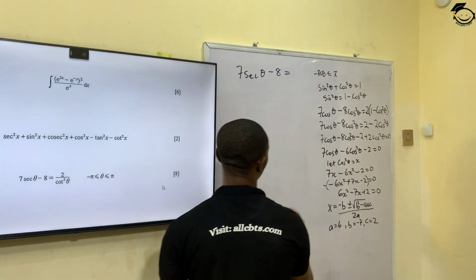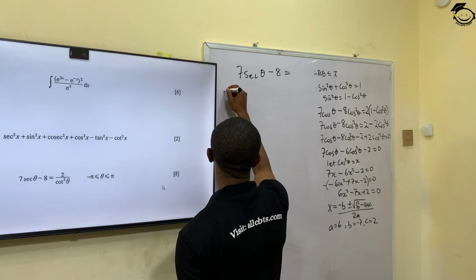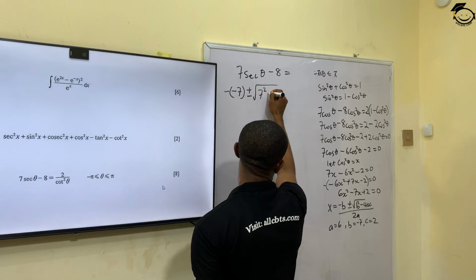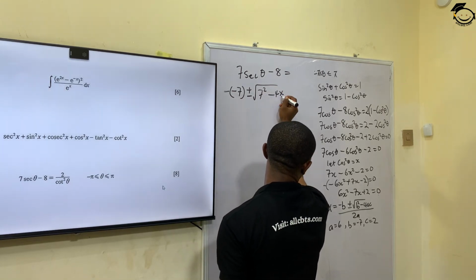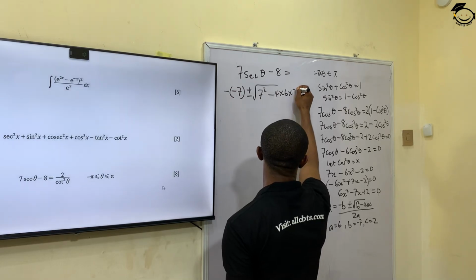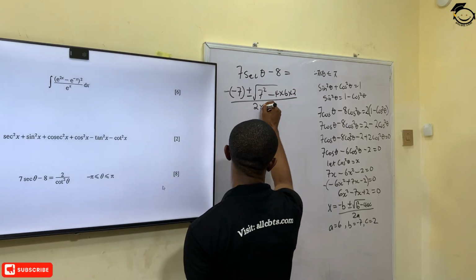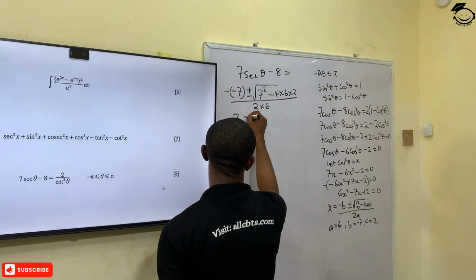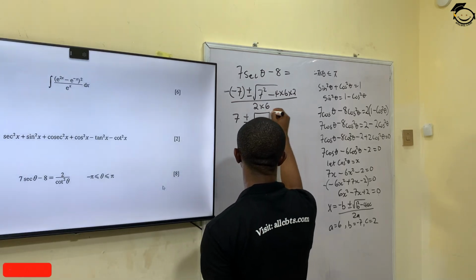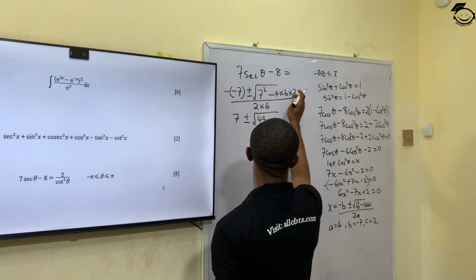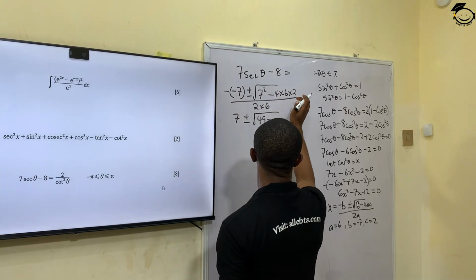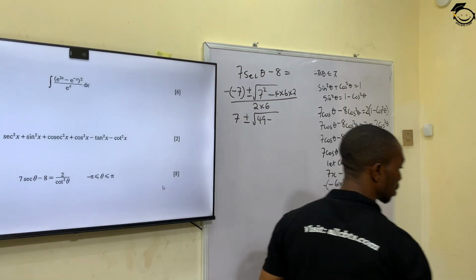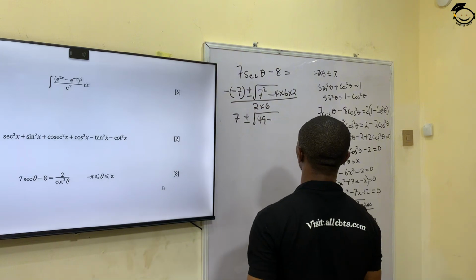All right, substituting into our formula, this will have minus minus 7 plus or minus root 7 squared minus 4 times a, 6, times c, 2, all over 2 times a, which is 6. Okay, so from here, we have 7 plus or minus root 49 minus 4 times 2 is 8. 8 times 6 will give us 48.